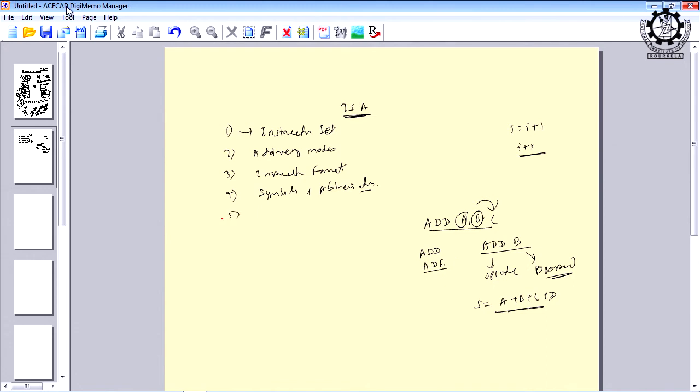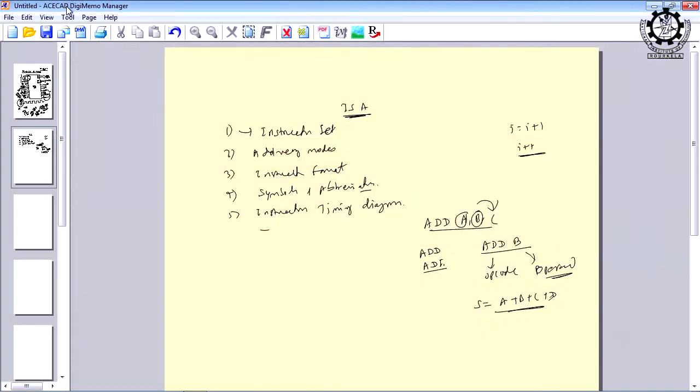Then what is the fifth point? Instruction timing diagram, because how much time every instruction takes for execution is something we are supposed to deal with. Under the timing diagram, we will be dealing with the instruction cycle, then how many machine cycles and clock cycles, or sometimes for simplicity we call it T state. So, what is instruction cycle?